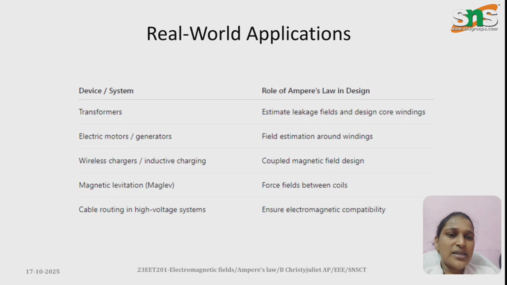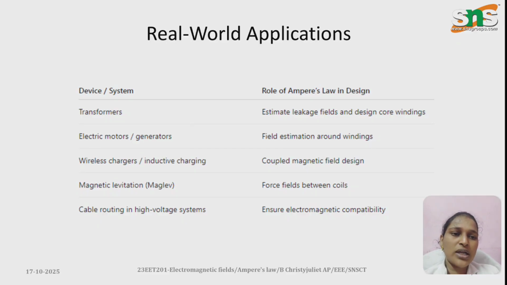These are the real world applications in which Ampere's law plays a role in design: transformer design, electric motor design, wireless chargers, magnetic levitation trains, cable routing in high voltage systems, and even more. For transformers, we estimate the leakage field using Ampere's law.